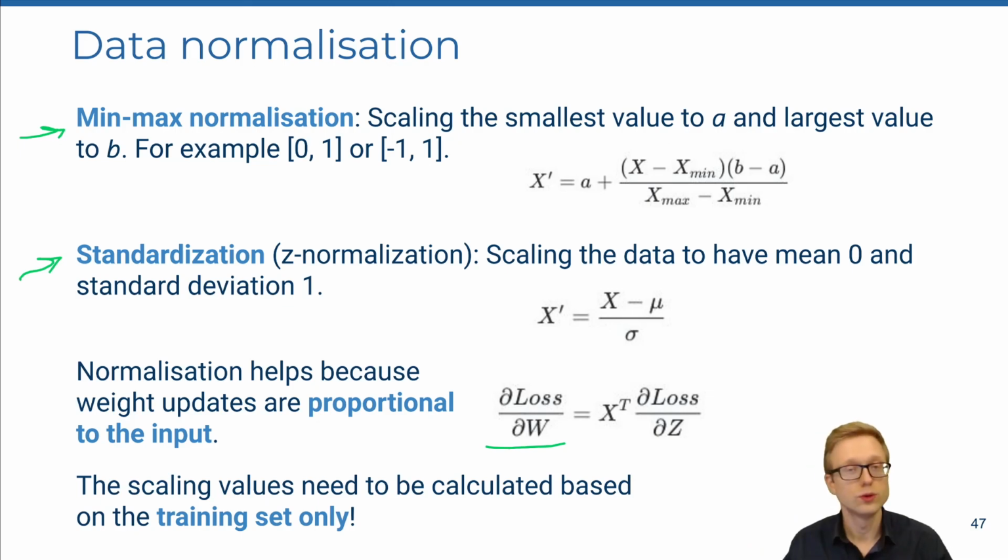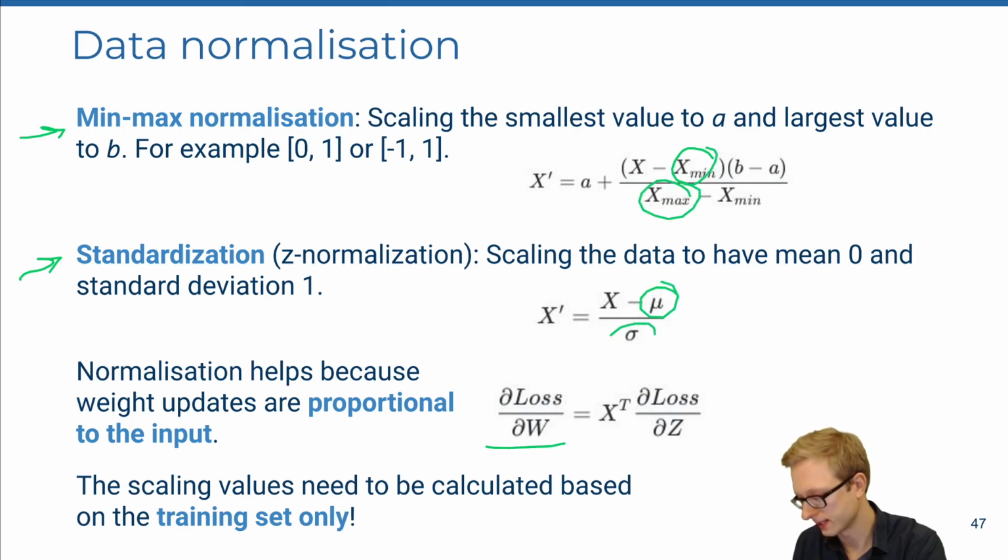And two, you need to calculate any normalizing constants based only on the training set. So for example, things like the x-min, x-max, mean, and standard deviation, these you need to calculate based on the training set.